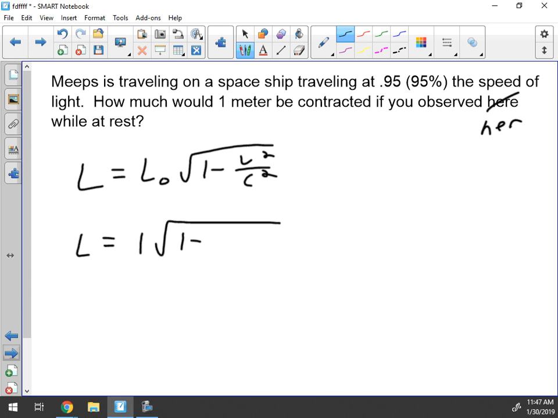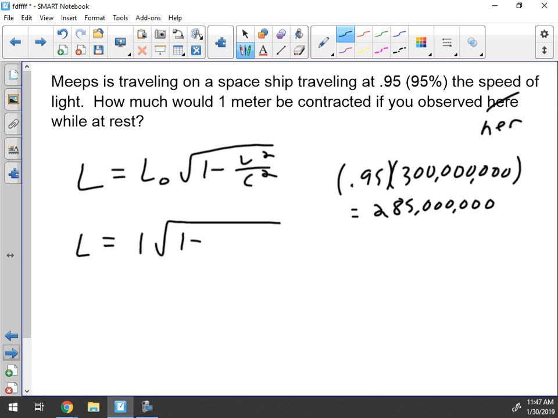Instead of doing 0.95 times this, which would equal, let me plug it in my calculator real quick, 285 million. So 285 million is 95%.